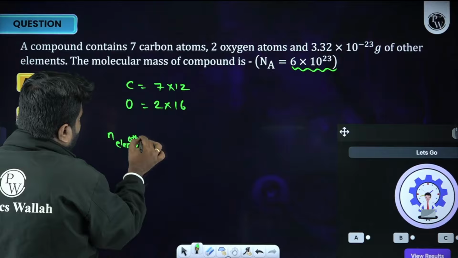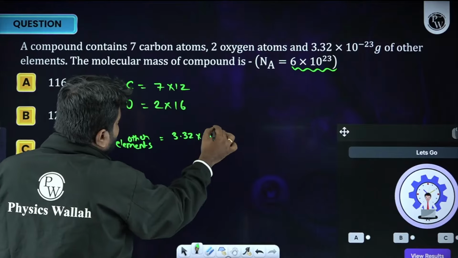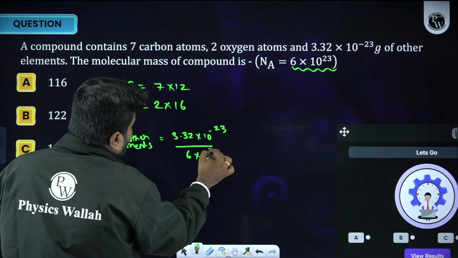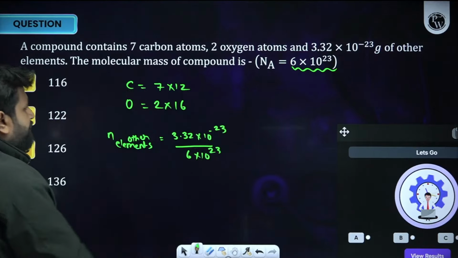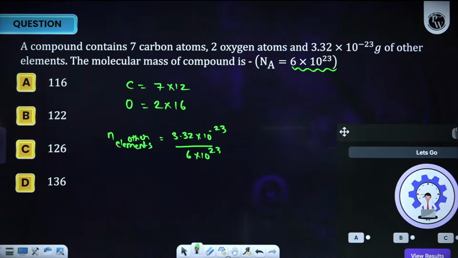The number of moles of the other element is nothing but the given mass in gram divided by the Avogadro number. Now 10 to the power minus 23. So what exactly will we be getting? 3.32 into 10 to the power minus 23.